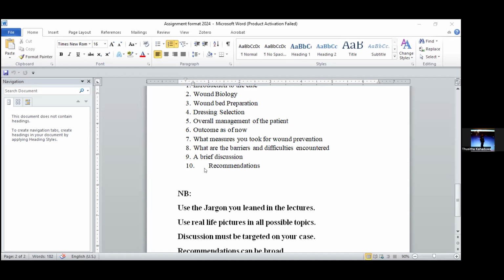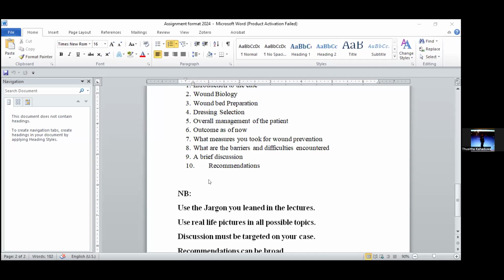A very simple discussion: this is what others have done, and this is the outcome that they have got, and I am not far behind, though I didn't get it because of the difficulties and barriers I encountered. And maybe my initial diagnosis was wrong. I had to go back and reassess, and that sort of a discussion.